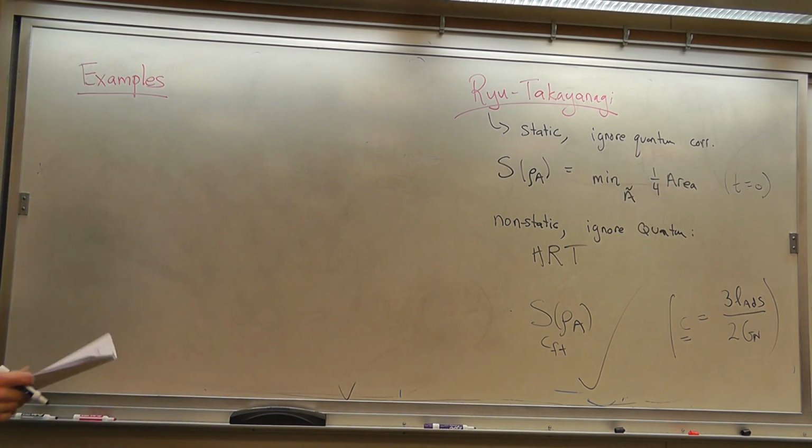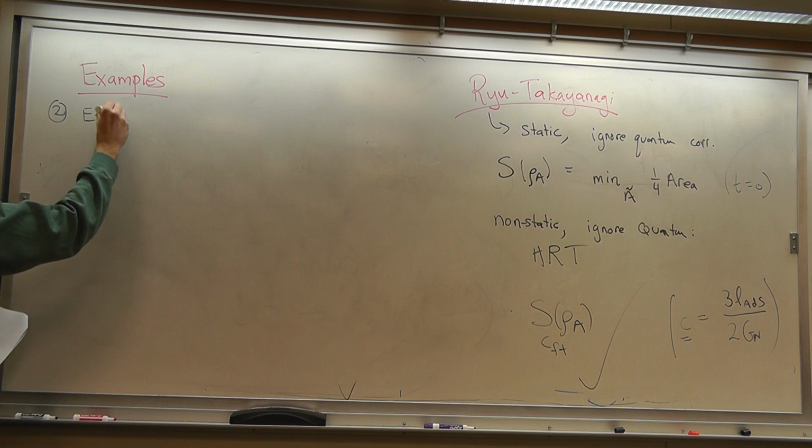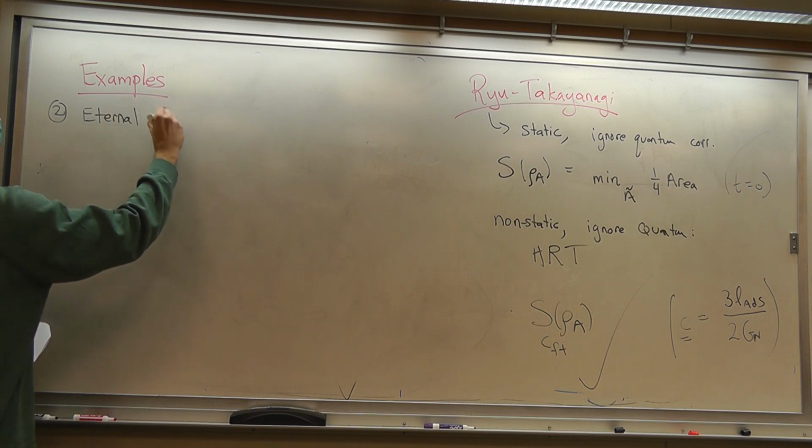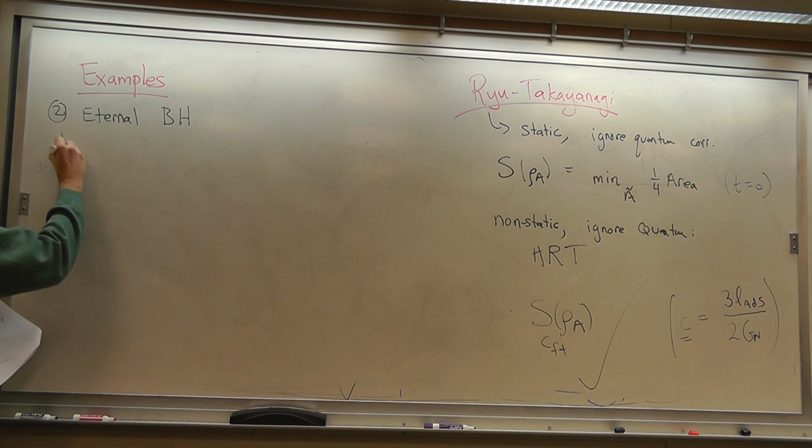Okay, example number 2. The eternal black hole. Eternal black hole just means the usual Schwarzschild type black hole. You didn't make it by collapsing a star or anything. So the eternal black hole is static, so we can set t equals 0 and use Ryu-Takayanagi.